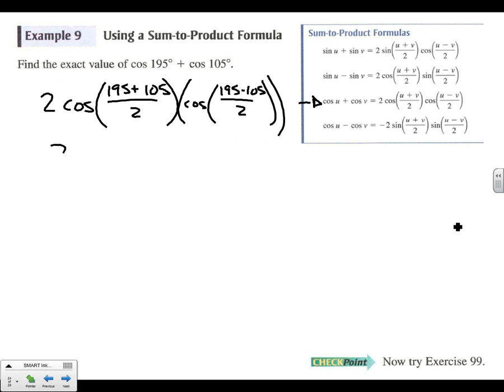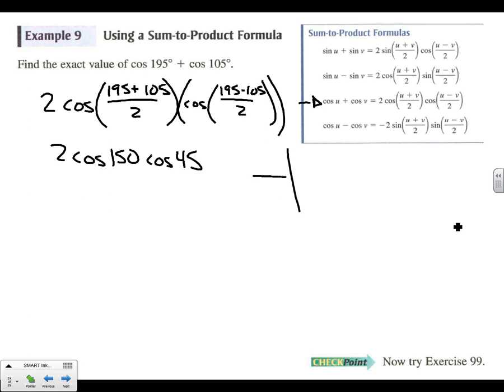So we've got 2 times the cosine of, if we add them together, we get 300. Divide it by 2, we get 150, times the cosine of. If you subtract them, you get 90, sorry. Divided by 2 is 45. And luckily, both of those things are on our unit circle.